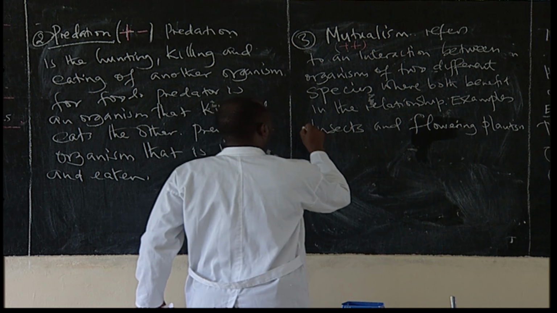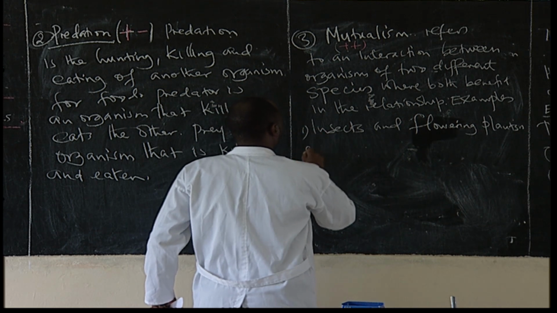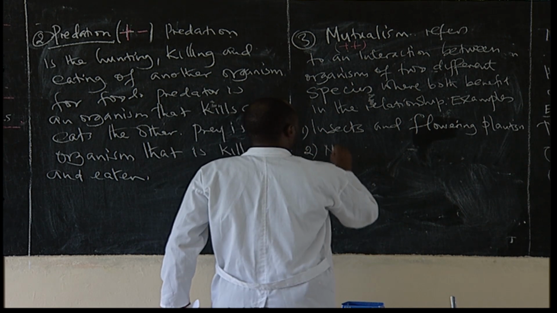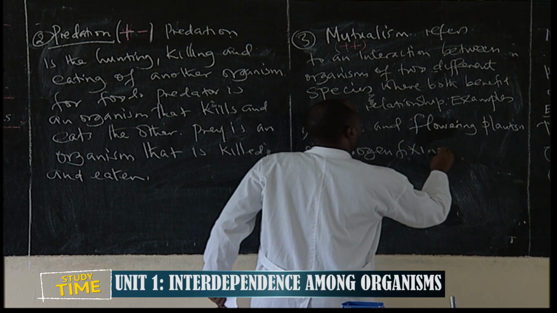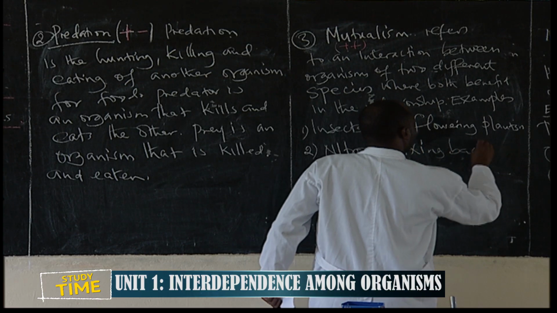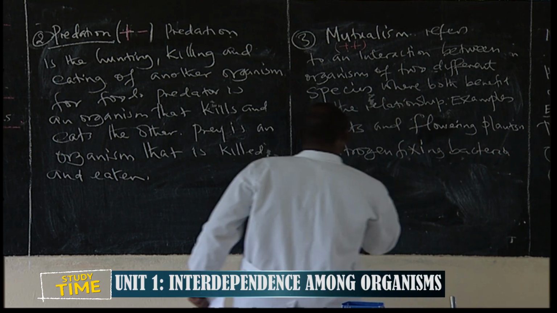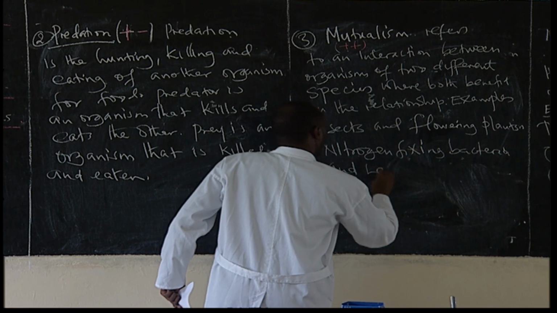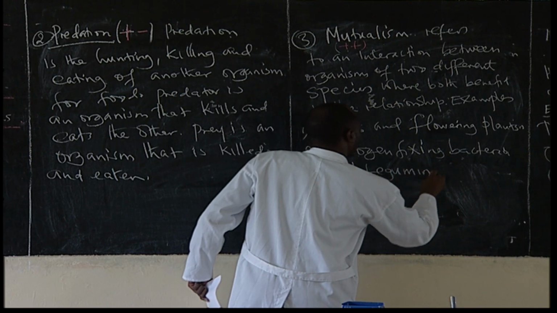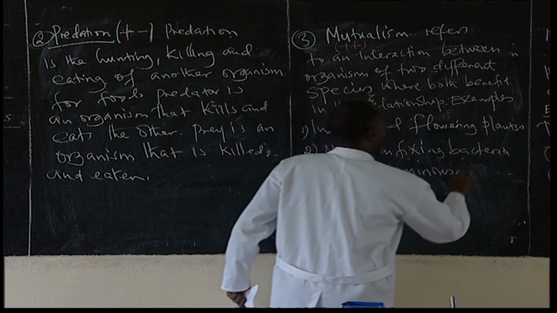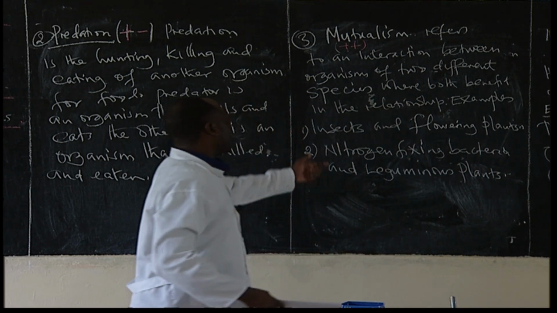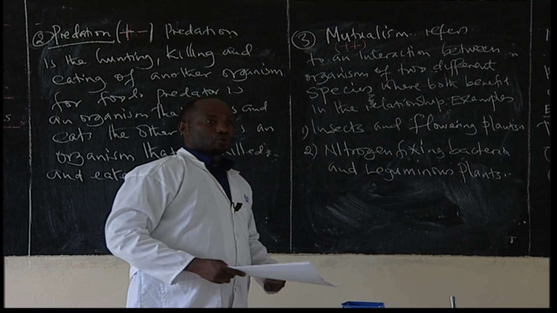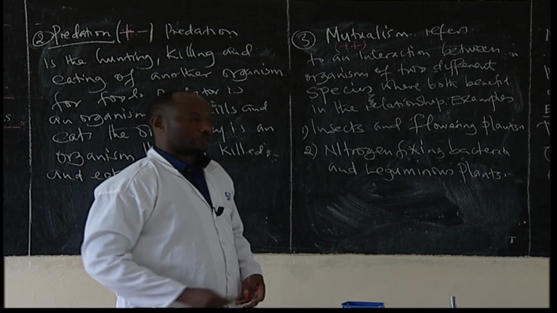That's number one. Example two, we can talk about nitrogen-fixing bacteria and leguminous plants. How do these nitrogen-fixing bacteria form a mutualistic relationship?